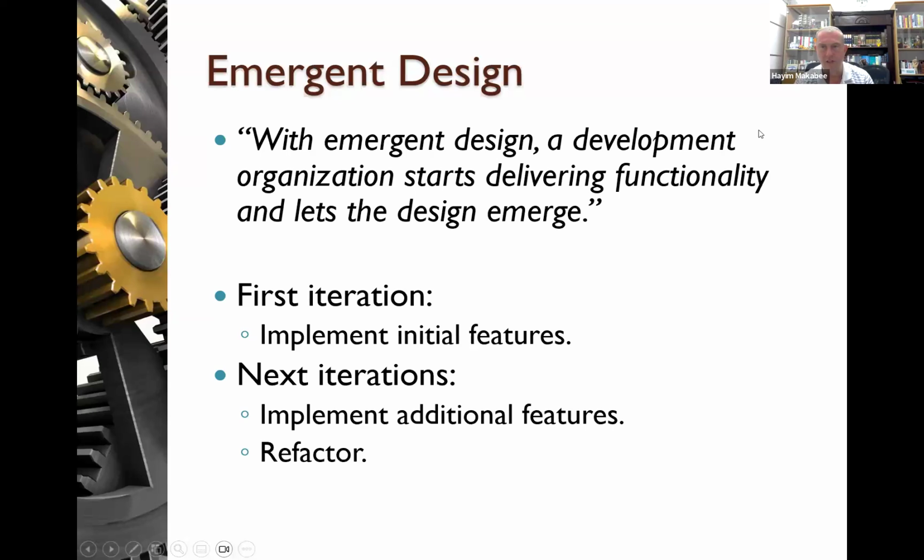The idea of emergent design, more or less, is that you don't do design up front, and for each feature, you do the design for this feature. Okay, so in the first iteration, in the first increment, you implement only these initial features that are, let's say, part of the sprint. And then in the next iterations, you add other features, and if necessary, you refactor.